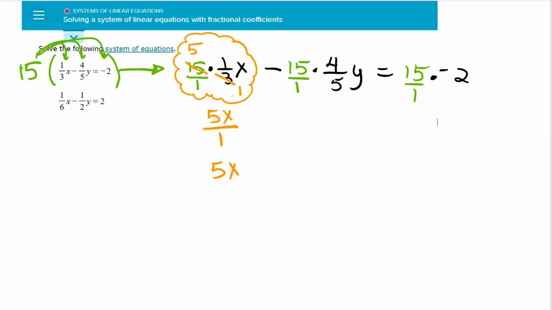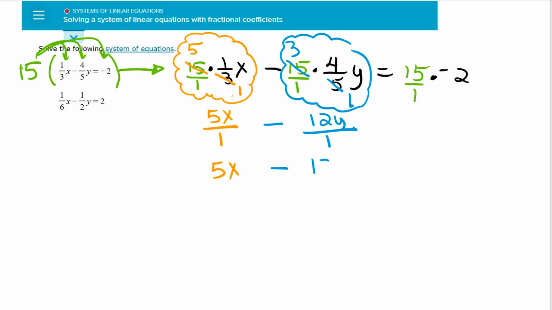On the next one, this 5 goes in itself once and goes into this 15 3 times. So I'm going to have the minus sign here, and then when I multiply all this, my numerators are 3 times 4 times the y, so that's 12y, all over 1 times 1, which is 1. But again, you don't need the over 1, so that's just 12y.